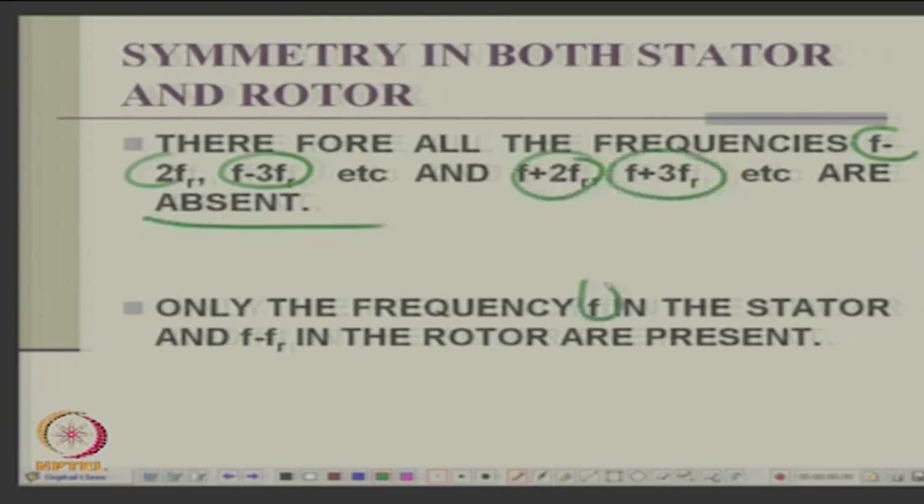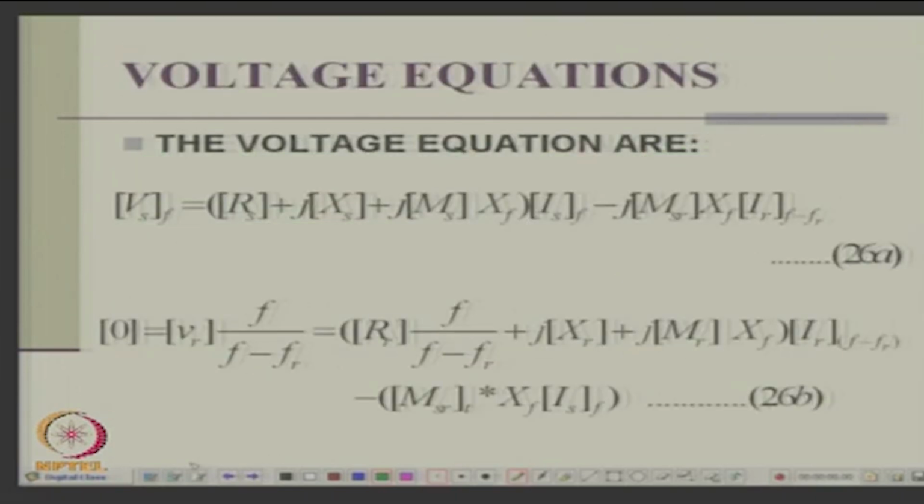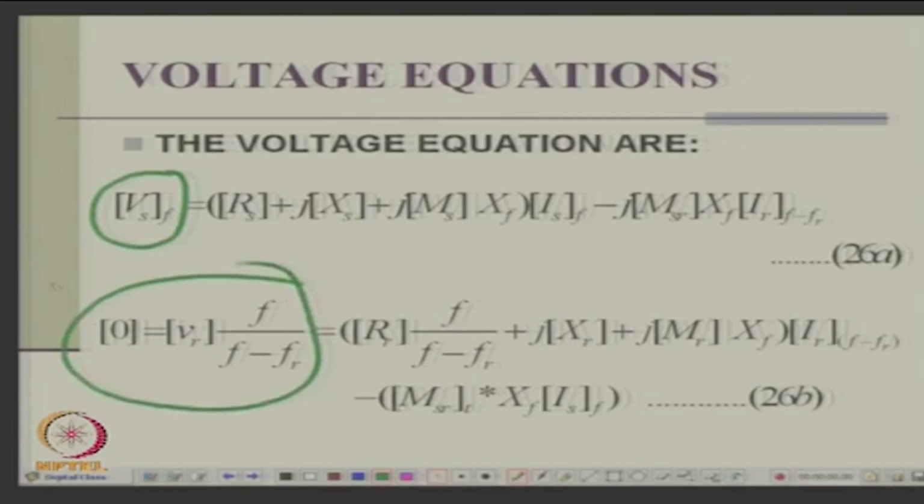So, only F in the stator and F minus Fr in the rotor, if both are symmetrical. Then you have to write only two equations, for frequency F and frequency F minus Fr. It is just a substitution into the general equations. That means, if you write a general equation, you make a particular case of symmetry from it.